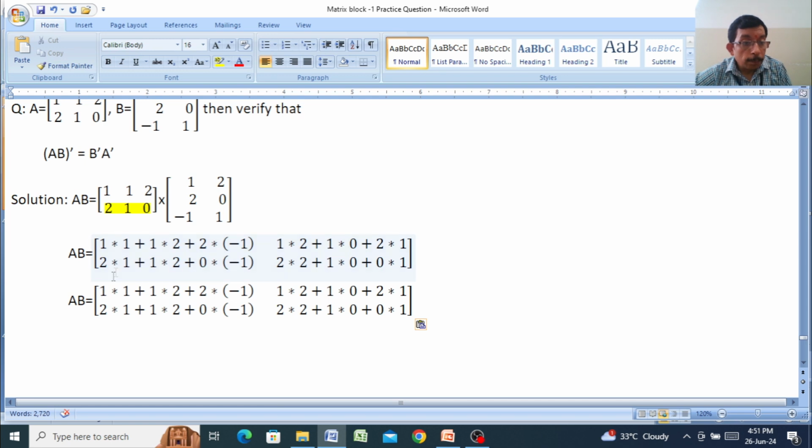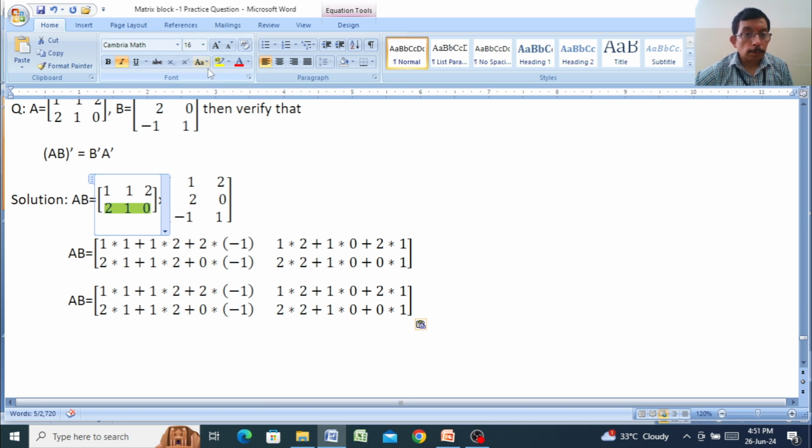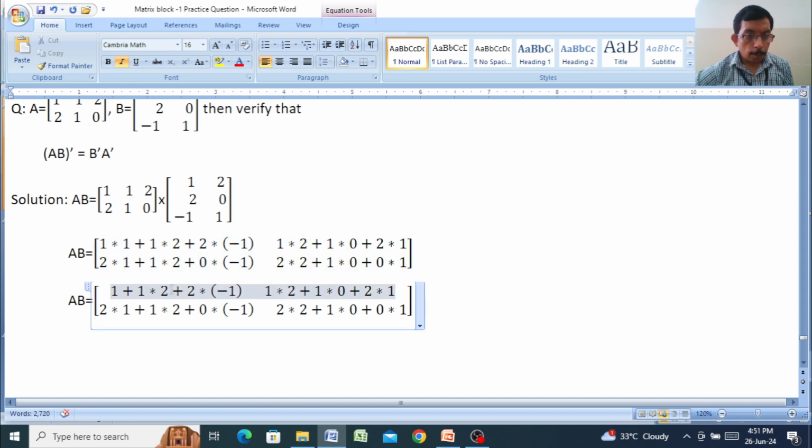1 multiply by 1, then result is 1. 1 multiply by 2, then result is 2. 2 multiply by minus 1, then result is minus 2.